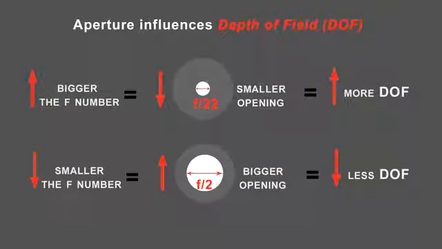The bigger the f number, the smaller the opening and the more depth of field. So it means more of the scene appears in focus. And the smaller the f number, the bigger the opening and the less depth of field. So it means that less of the subject or the scene appears in focus.